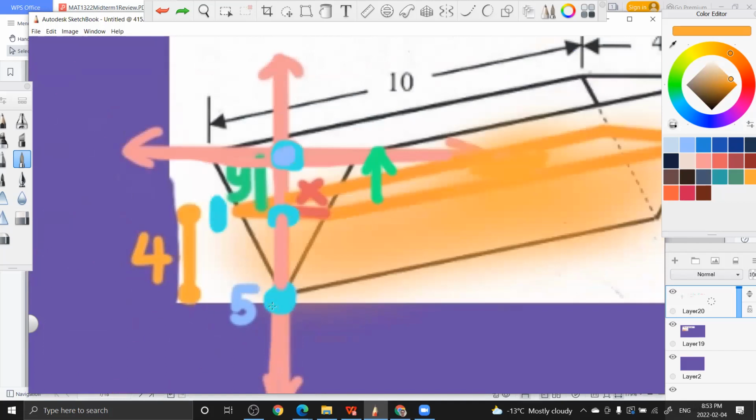This means the height from here to here is 5. Since this is 4, then this has to be 1, right? This point is 1 on the y-axis. And then this point is 5 because the height is 5, right? This is 0.